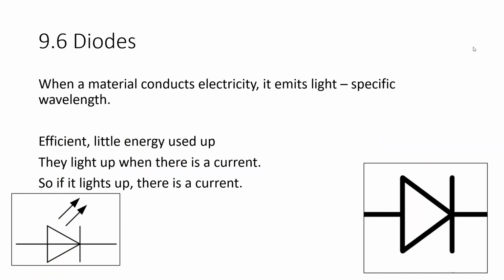Now the symbol for a diode is a triangle pointing towards the conventional current, with a line at the end of the arrow. So that is for a diode.